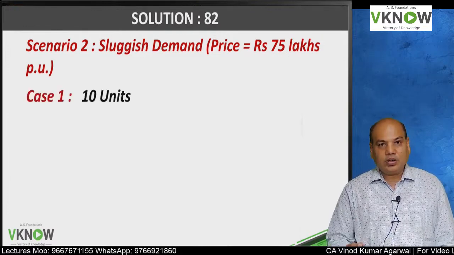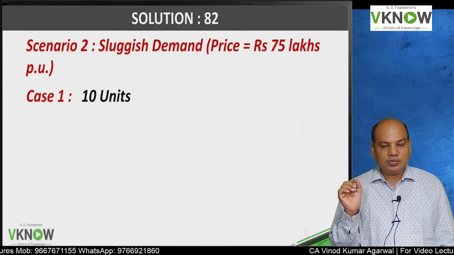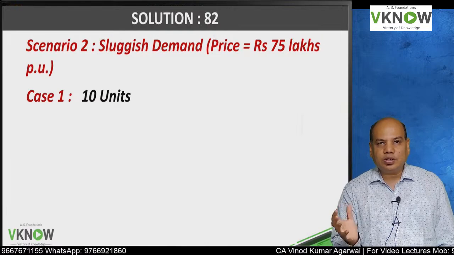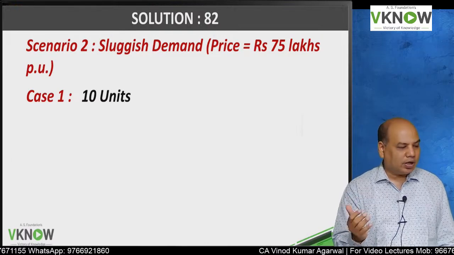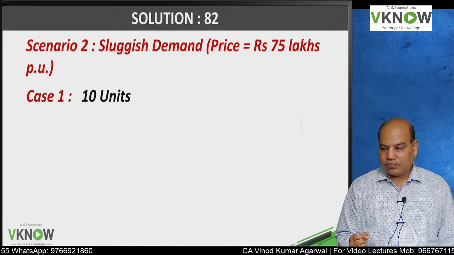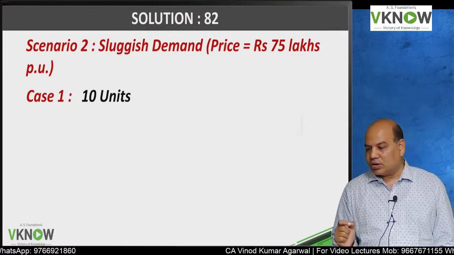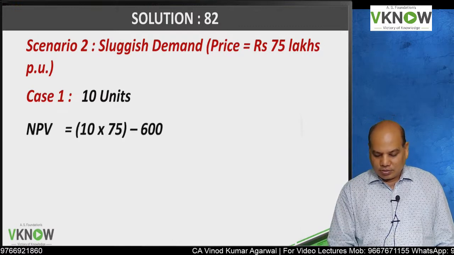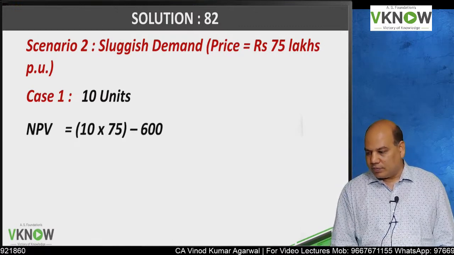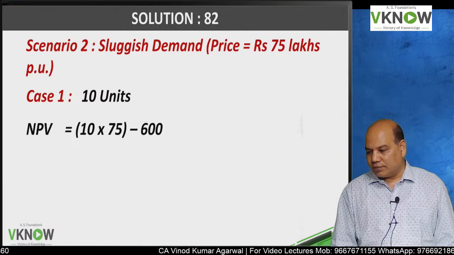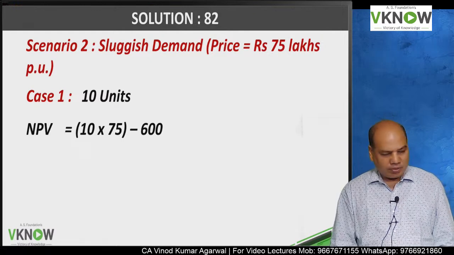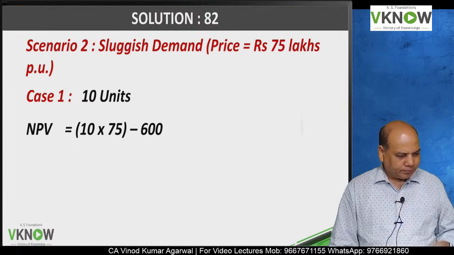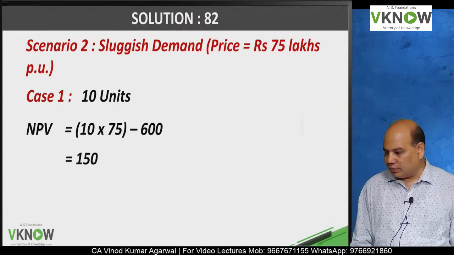So what will be my NPV? There are two options here, 10 units and 15 units. Again write down case 1, 10 units. If you construct and sell 10 units after 1 year, what will be your NPV? 10 into 75 minus 600, 150.